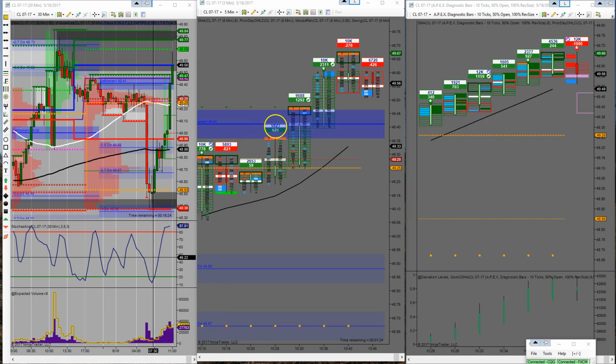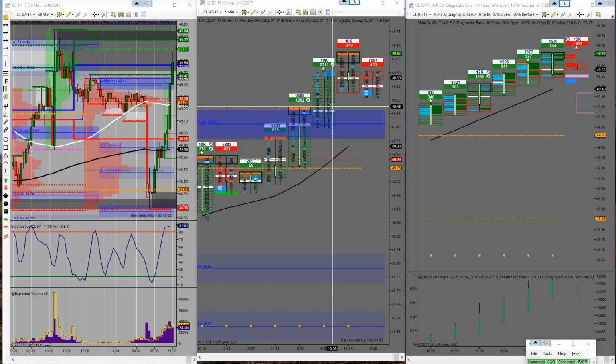I tell you, this is actually a pleasant surprise. I go outside, hang out in my garden for a bit, come back, and 44 ticks is locked in from long one contract 49.03. All right, and I believe we have some kind of reversal sequence setting up here.